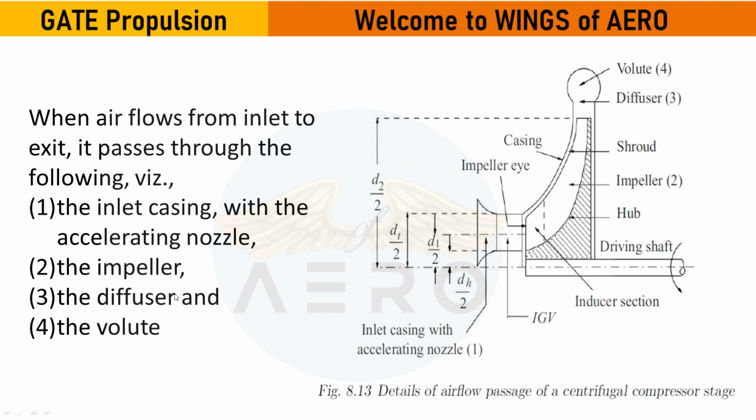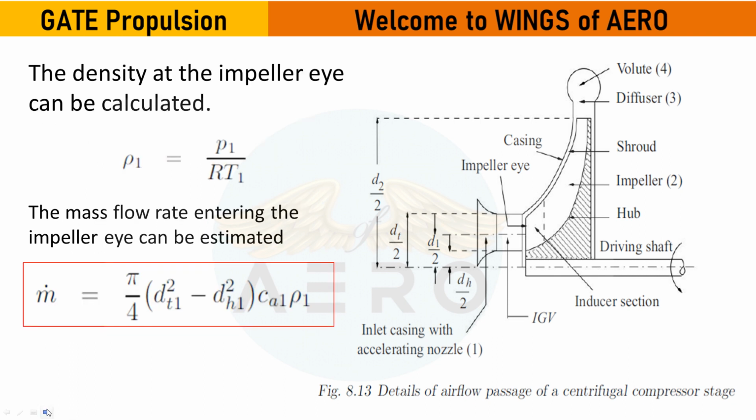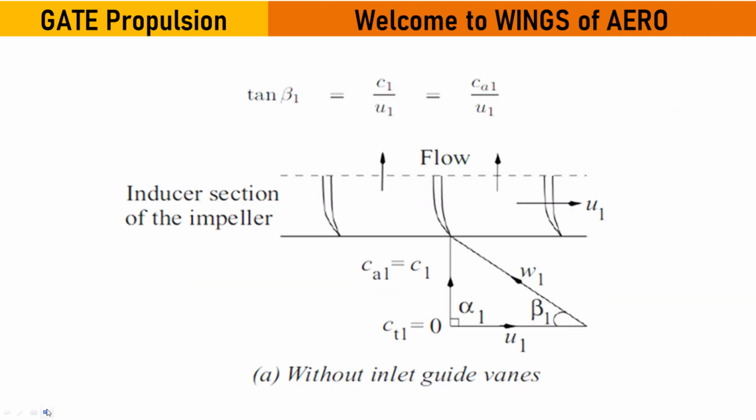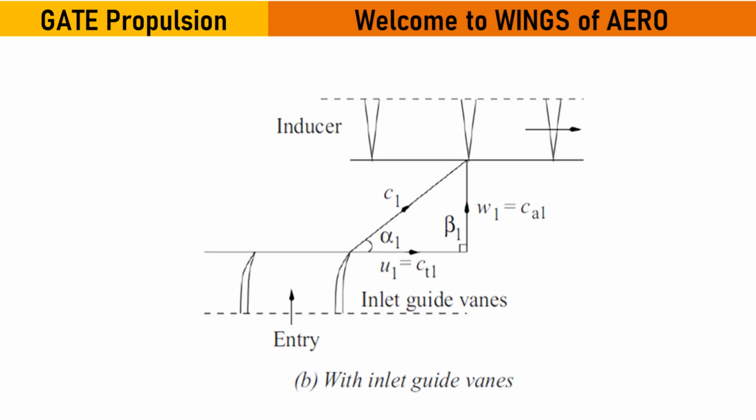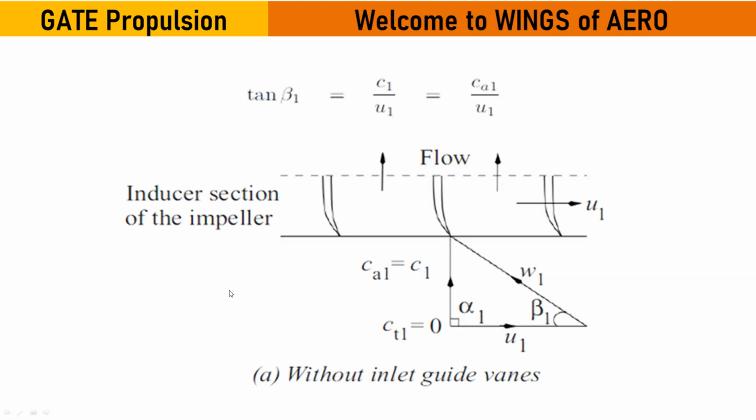As it moves further to the diffuser, there will be further reduction in velocity but an increase in pressure, right? Now coming to two important cases: one without inlet guide vane and one with inlet guide vane. We are going to see both.